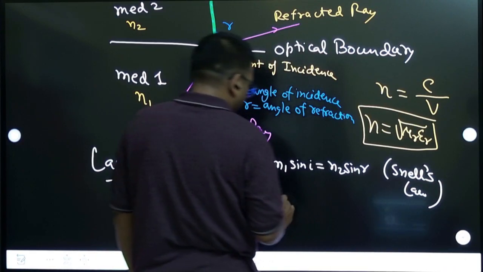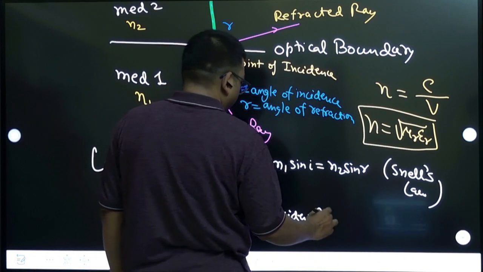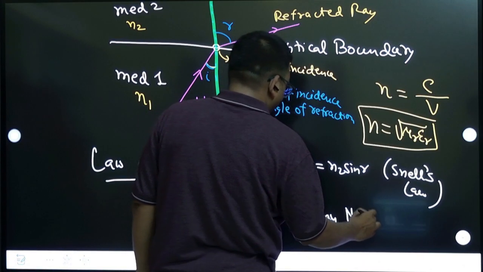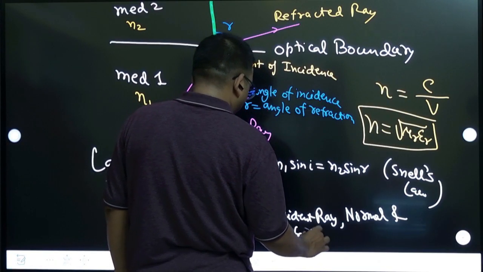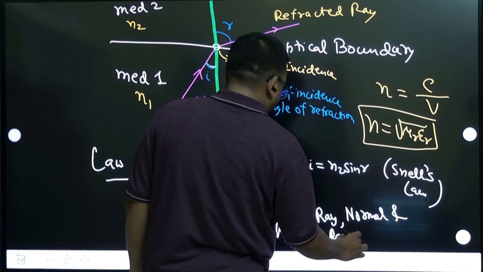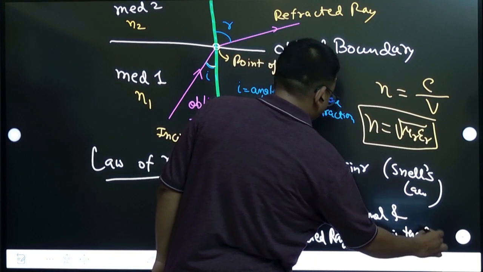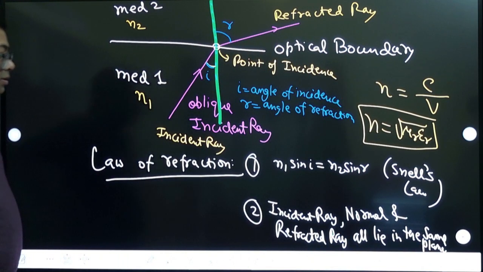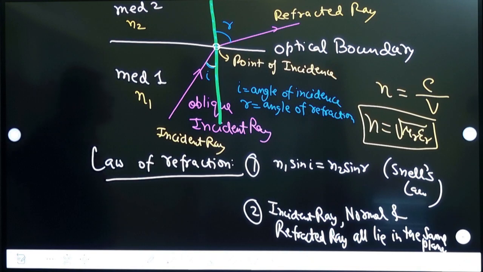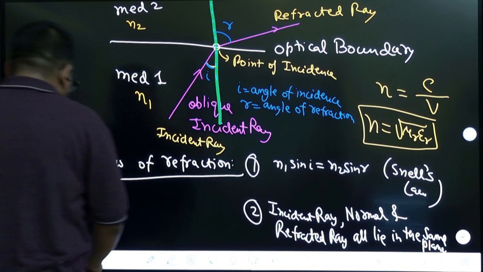And the second is that the incident ray, the normal and the refracted ray all lie in the same plane, like this. Now, this law, all of you know already from grade 10th, you might have studied that.